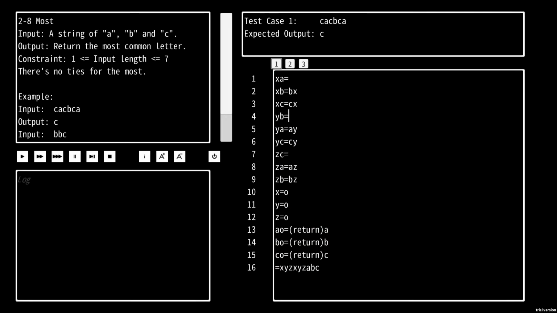Return the most common letter. So I'm deleting all of them one by one. But if there's only exactly one of them, then that's bad.